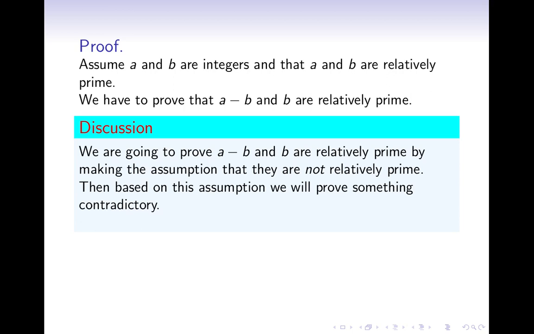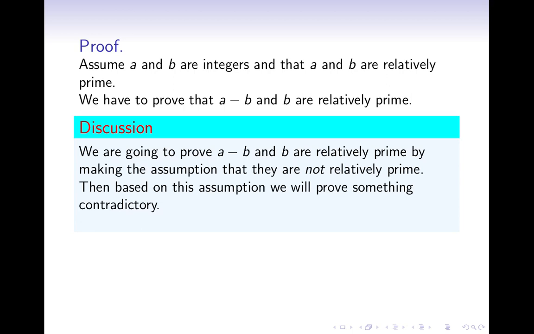But first, a quick discussion of the details of the method we're going to use. We're going to prove a minus b and b are relatively prime by making the assumption that they're not relatively prime. And then, based on this assumption, we're going to prove something contradictory.